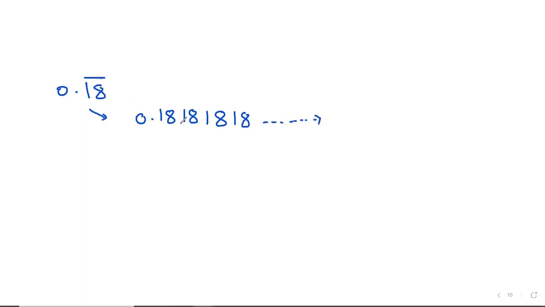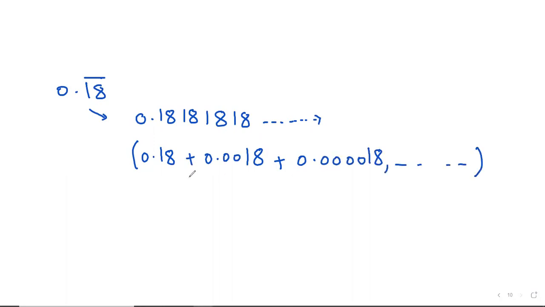And this decimal is repeated 1, then 8, 1, then 8, 1, then 8. So we can write it as 0.18 plus 0.0018 plus 0.000018, and so on. And this is a geometric series.